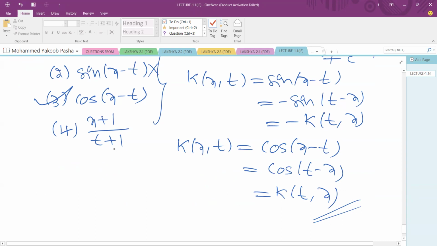If you take k of x comma t is equal to x plus 1 by t plus 1, it can never be equal to t plus 1 by x plus 1, so the fourth option is also not correct. Only the third option, cos of x minus t, is the right option.